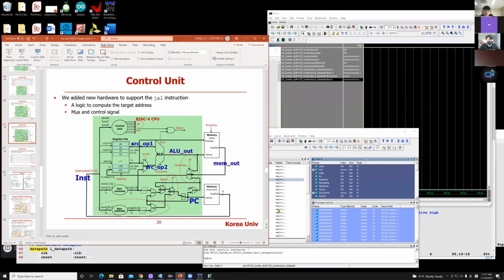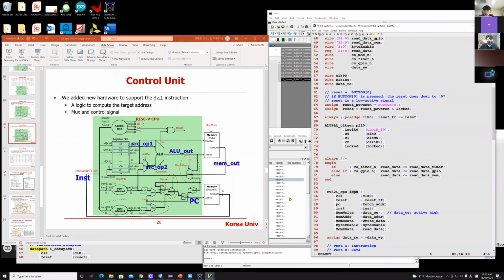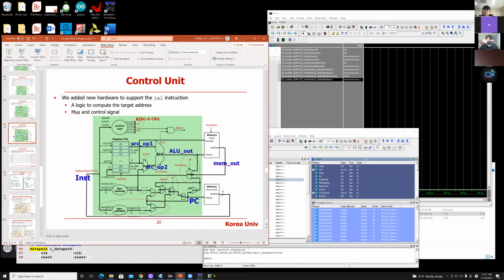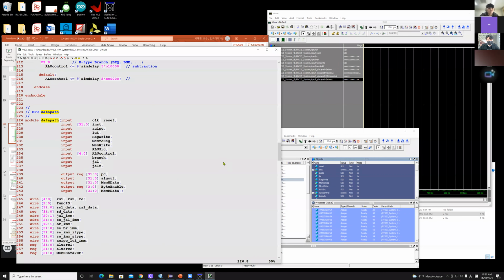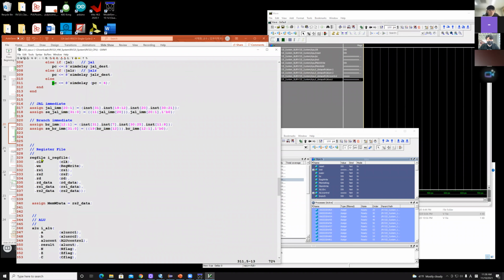So where is the register file? Okay, let me close too many. Test bench, let me close. Okay, so the register file is here.